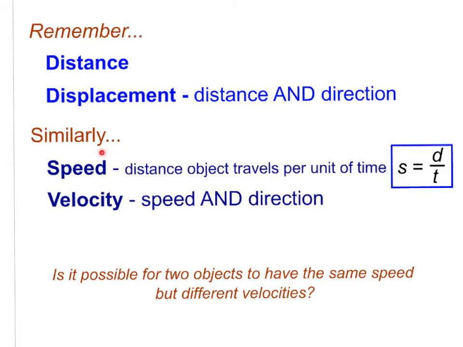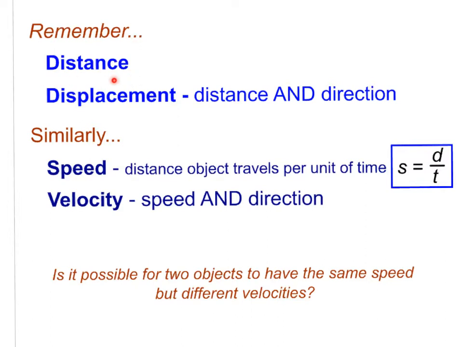Similarly, we have a difference between speed and velocity that is kind of similar. Speed is not as descriptive as velocity. It just talks about the distance that the object travels per unit of time. So for speed, we're simply looking at the distance per time. For velocity, we're looking at all of this and the direction.